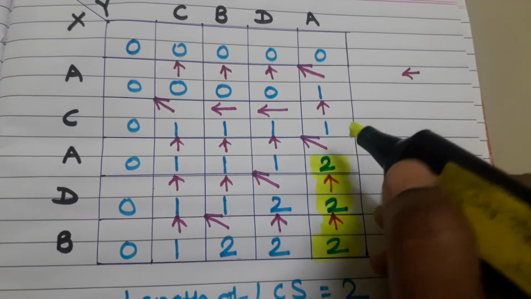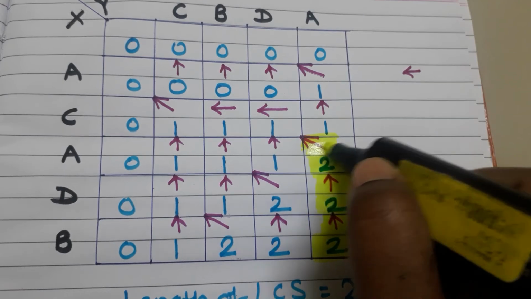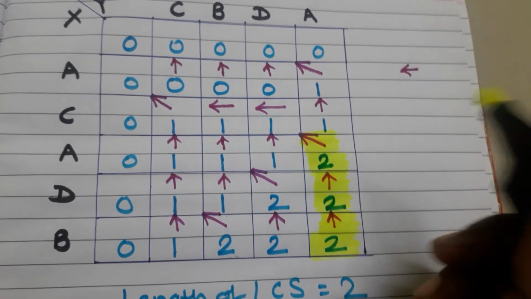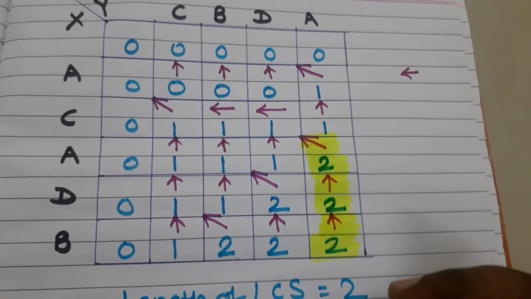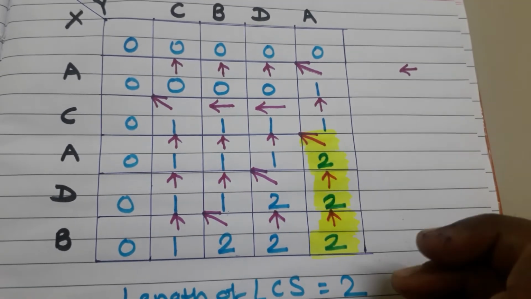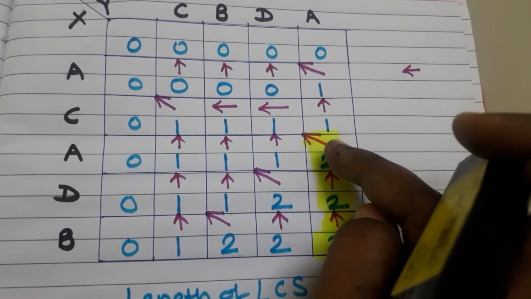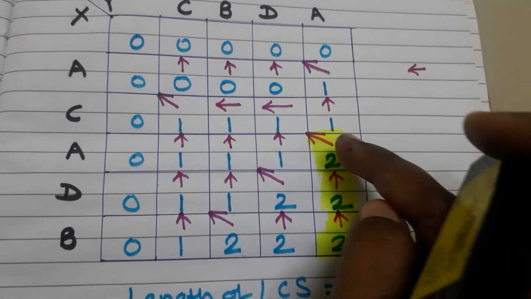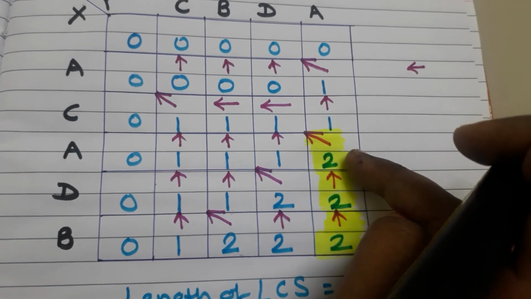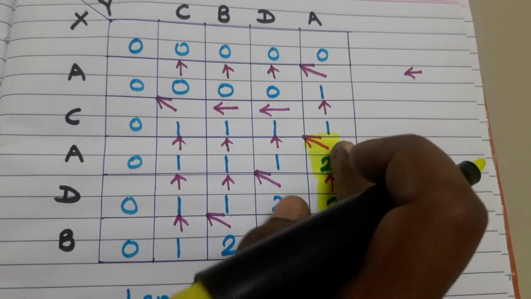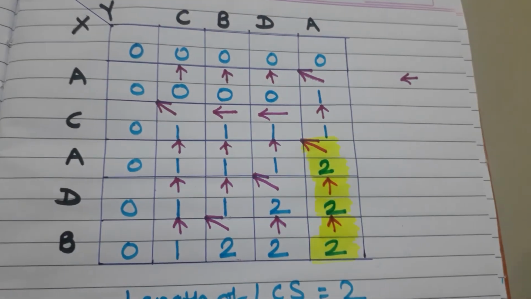Now here we have the diagonal arrow. We have to select the cells with diagonal arrows, so we select this cell.